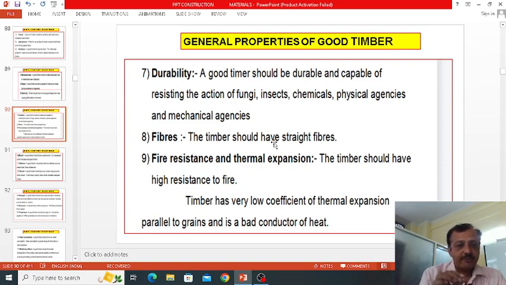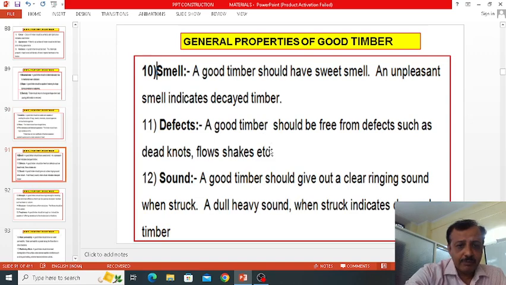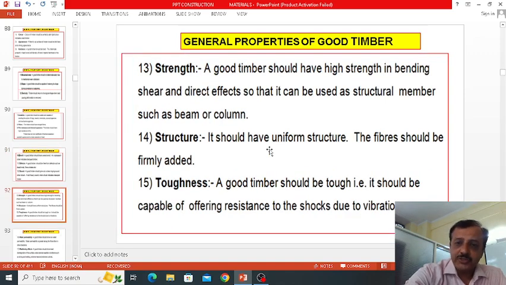It should resist fire and have a low coefficient of thermal expansion. A good timber should have a sweet smell, and an unpleasant smell indicates decayed timber. It should be free from defects such as knots, flaws, shakes, etc. It should give a clear ringing sound when struck against each other. It should have good strength, uniform structure and toughness.